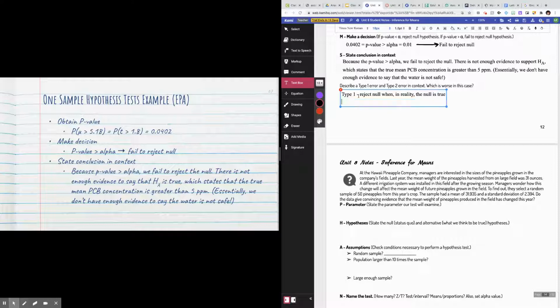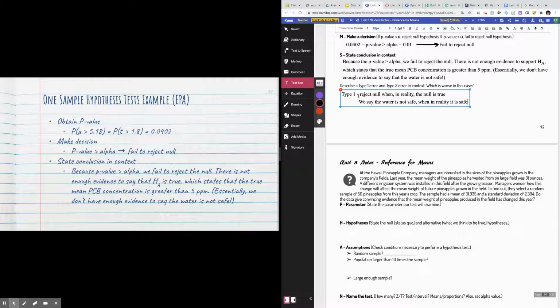What that looks like in this context is that we would say that the water is not safe. That's rejecting the null. We say the water is not safe when in reality, it is safe.